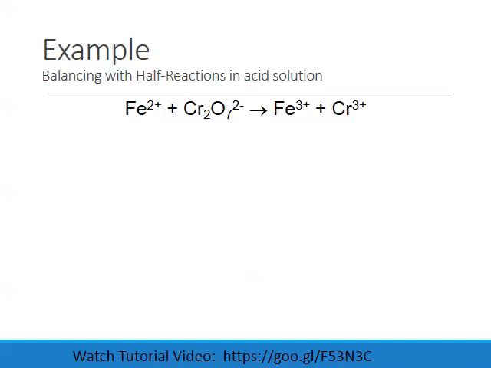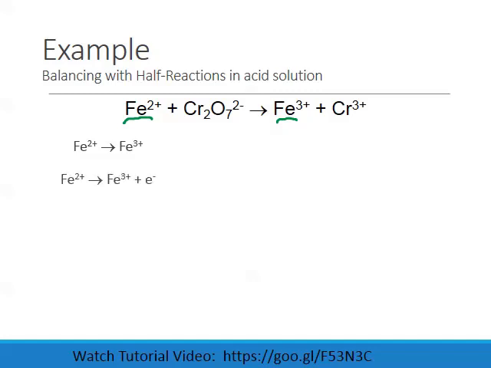So this can't be a complete equation. We're going to balance it using the half reaction method. So the first thing we want to do is split it into two half reactions. And that may have sounded strange, but it's now going to be pretty straightforward. There's Fe2+ on the left, there's Fe3+ on the right. So one half reaction is just going to say Fe2+ becomes Fe3+.